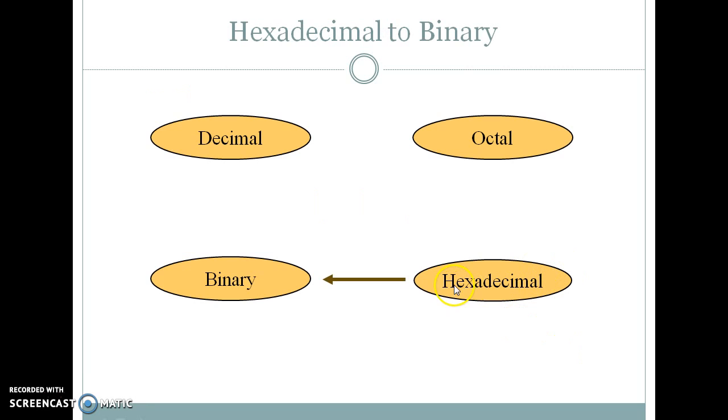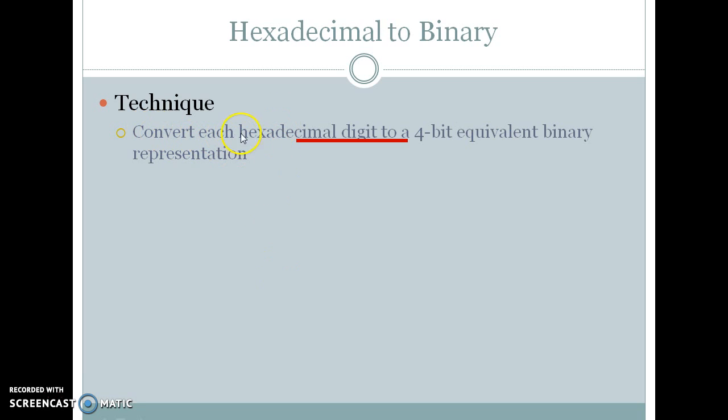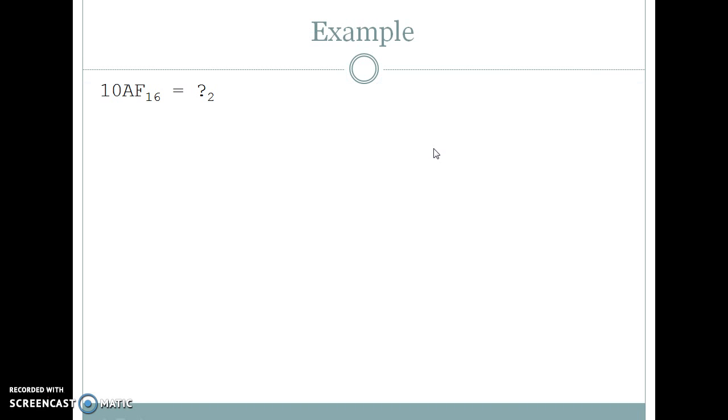The next type of conversion is hexadecimal to binary. The rule for this is convert each hexadecimal digit to a 4-bit equivalent binary number. As in the octal number system, we have taken the combination of 3 digits, whereas for the hexadecimal number system, we have taken the combination of 4 digits. Let us suppose the number is 10AF.